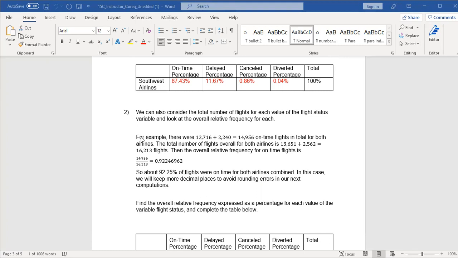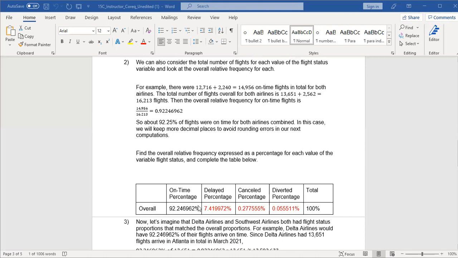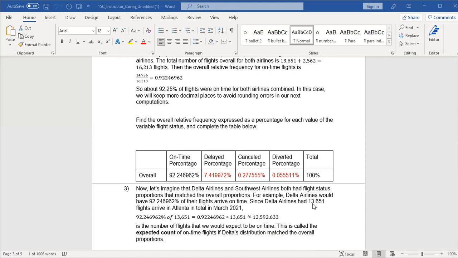We're going to do the same thing for the delays, the canceled, and the diverted. If you do it yourself, you take the total delayed flights and divide it by the total number of flights for both airlines.